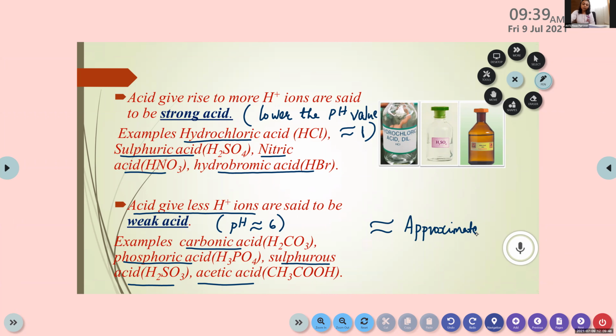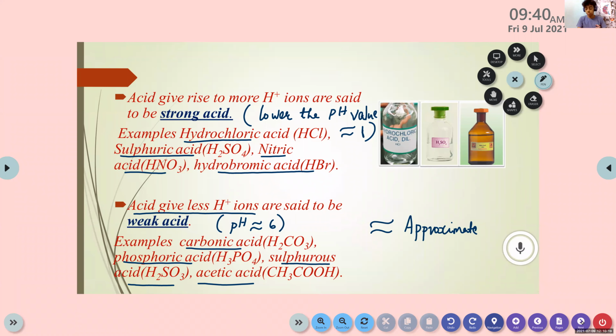Example, carbonic acid, H2CO3, phosphoric acid, H3PO4, sulfurous acid, H2SO3, and acetic acid, CH3COOH. Okay. Shall I move to the next one, children? Adidev finished? Yes, ma'am.